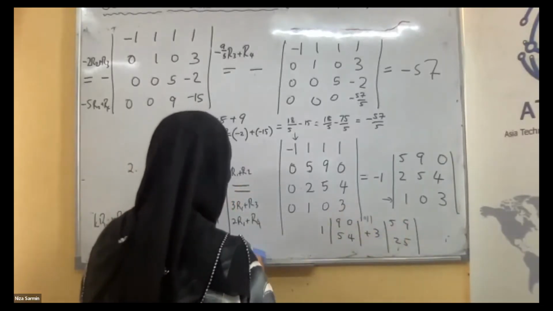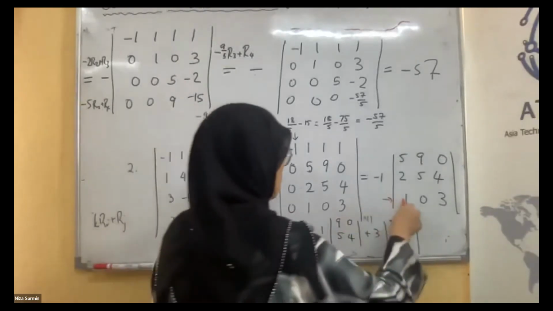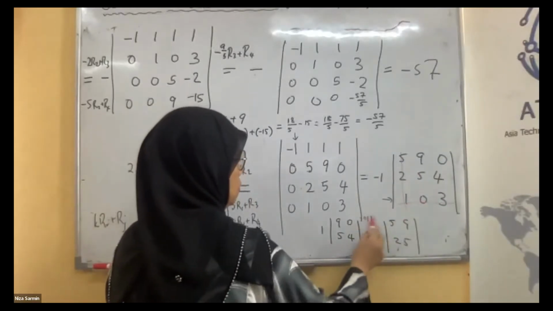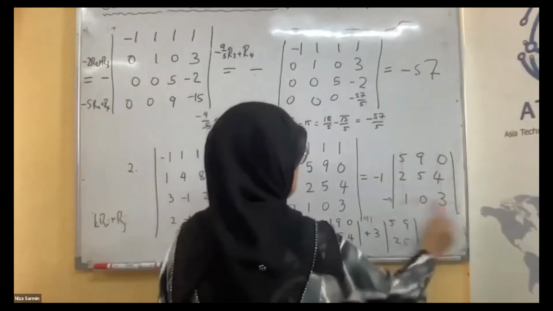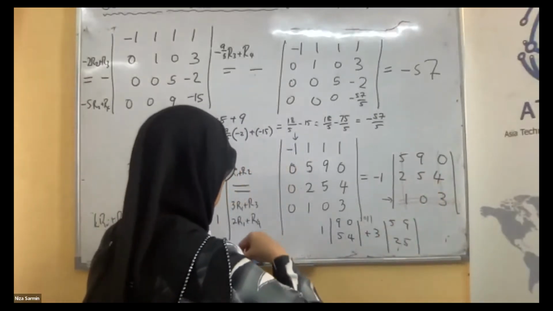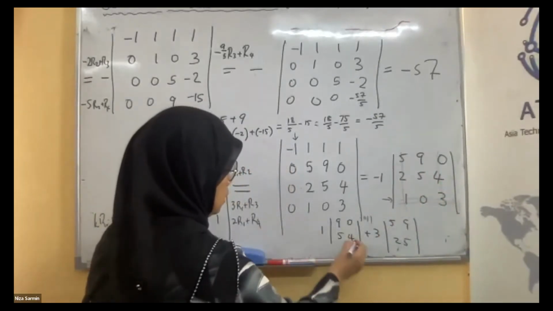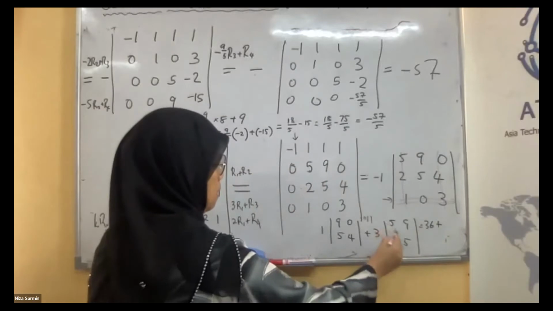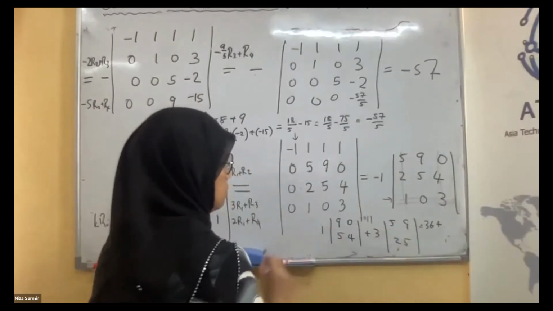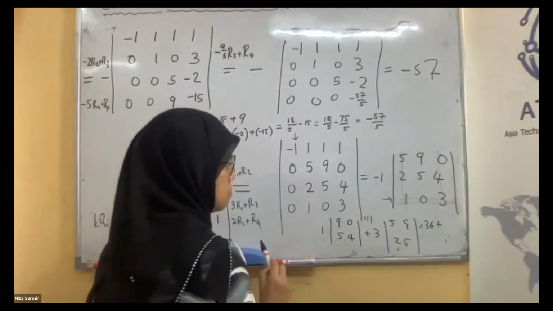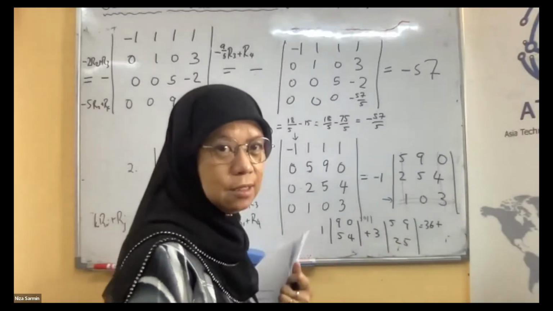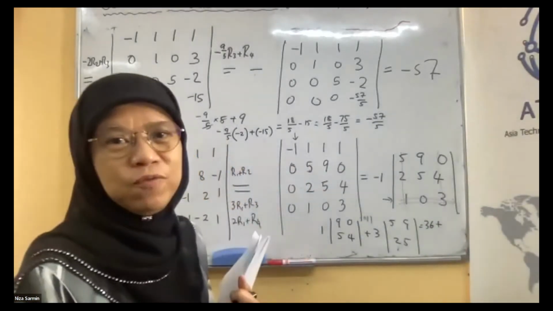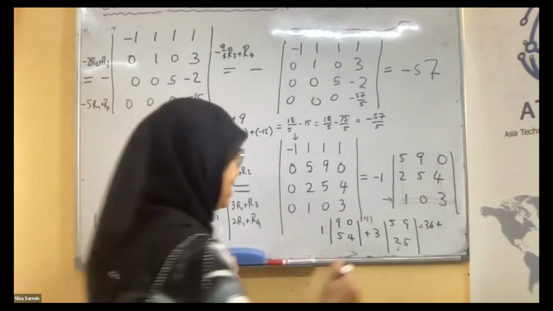1, 1, and then we get 9054. 0 minus 0, nothing. Plus 3, 5925. So this comes out to be 36, right? 36 plus 25 minus 18. 25 minus 18 is 7.